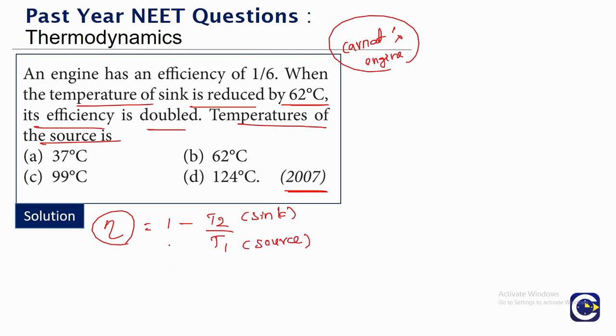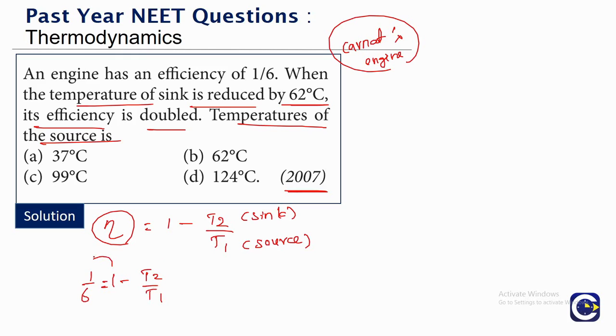Okay. So initially, what is the relation? Efficiency is 1 by 6. So here we are going with the assumption that the heat engine given to us is Carnot's engine. Otherwise, we will not be able to relate the efficiency to the temperatures of the source and sink. Only in the Carnot's engine we can relate. This point we have to be clear. Okay. Now, initial case, what is the eta? 1 by 6 is equal to 1 minus T2 by T1.